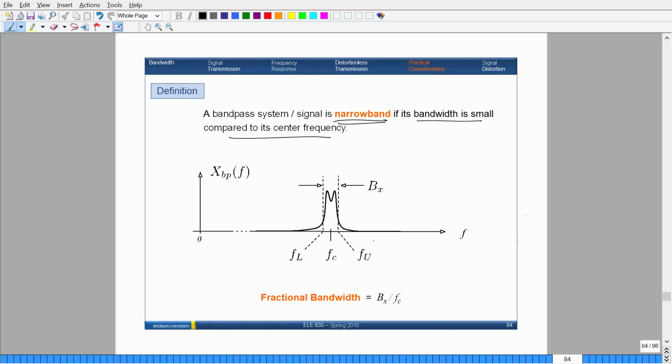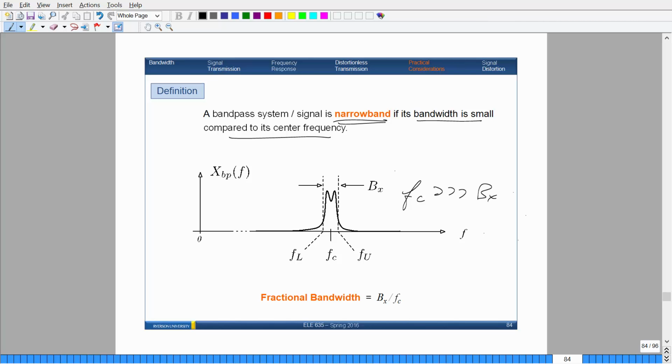So if you have your center frequency at, let's say, 100 kilohertz, the bandwidth of plus minus, it might be plus minus 50, is very small. So the center frequency here is much larger than the bandwidth, the frequency where the band is centered is much, much larger than the bandwidth itself.